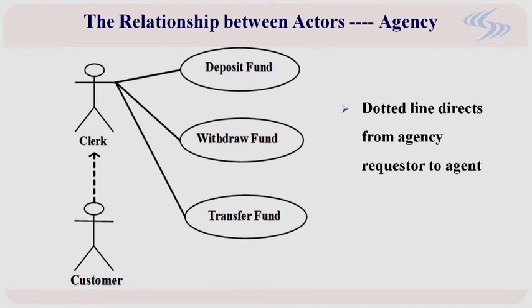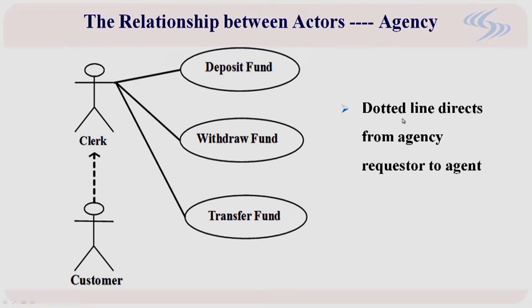So that means clerk is the agent and the customer is the requester. That means the customer asks for agency from the clerk. And this relationship is called agency. Agency is indicated by a dotted line with an arrow pointed to the agent.